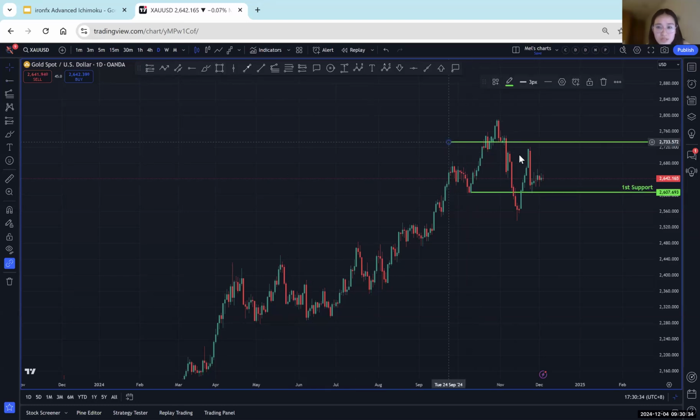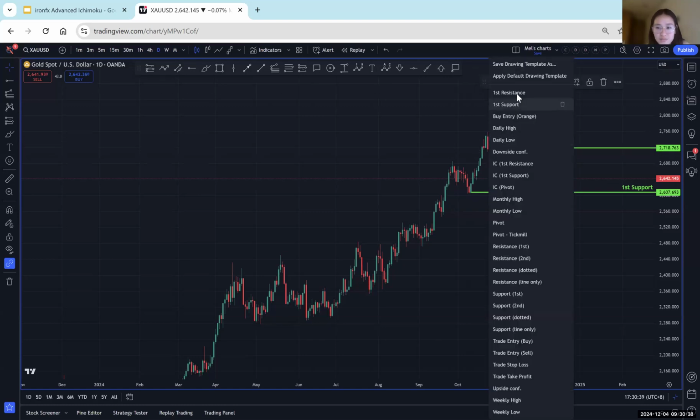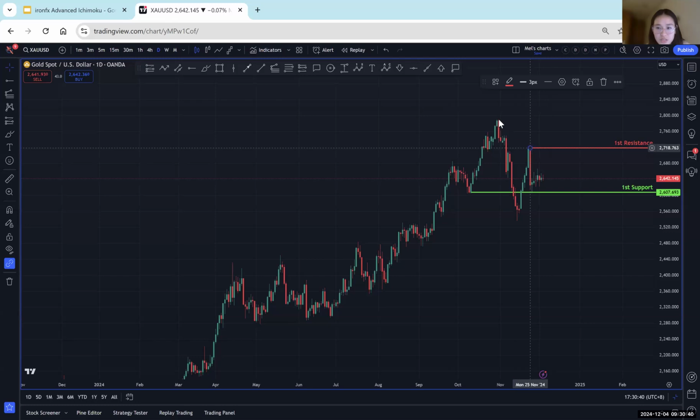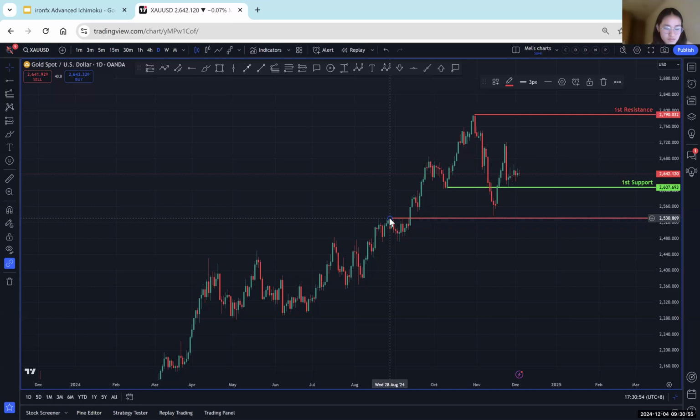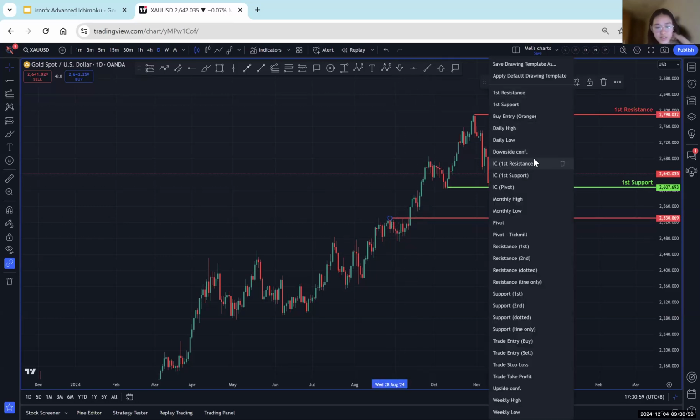For my first resistance, I'll place it at this swing high. Or actually, maybe even here. And then for my second support, just over here. Okay, this is my second support.